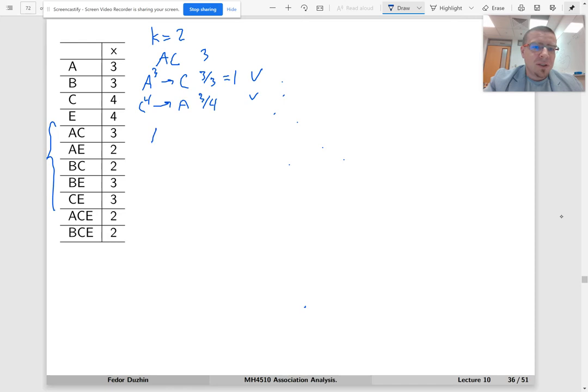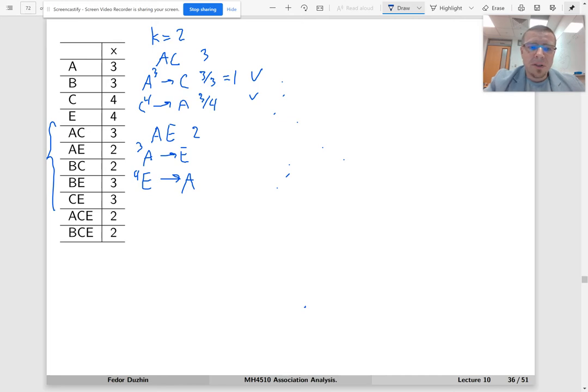Okay, next rule is AE. For AE, the support count is 2. Now, we could generate 2 rules out of it: A implies E, and E implies A. What is the support count of A? It is 3. The support count of E is 4.